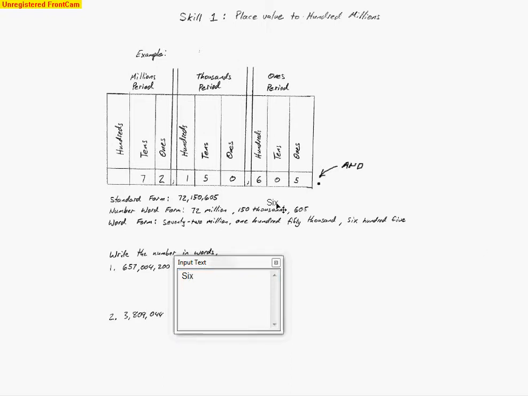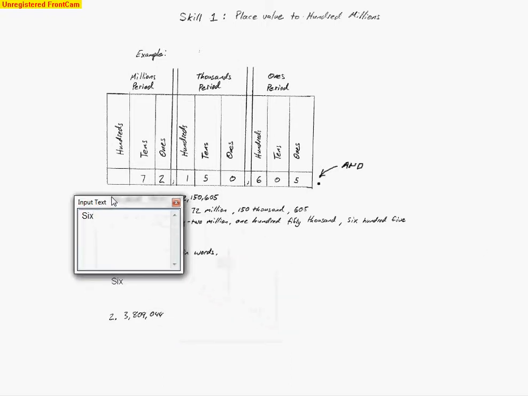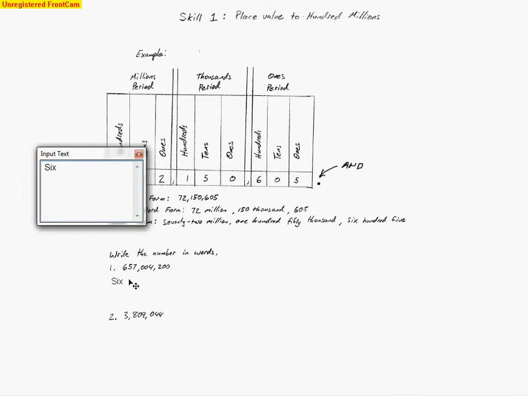So again, all I'm doing is just reading off this number right here, 657. Once I get through reading off that number in the hundreds, tens, and ones, 657, then I say its period, and it's in the millions. So I say 657 million.